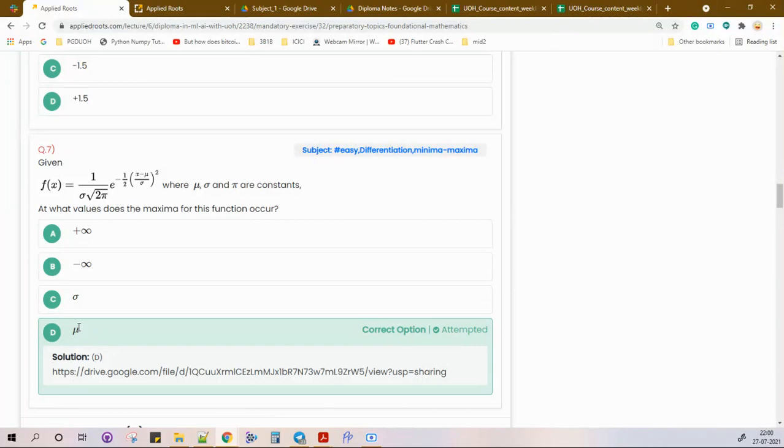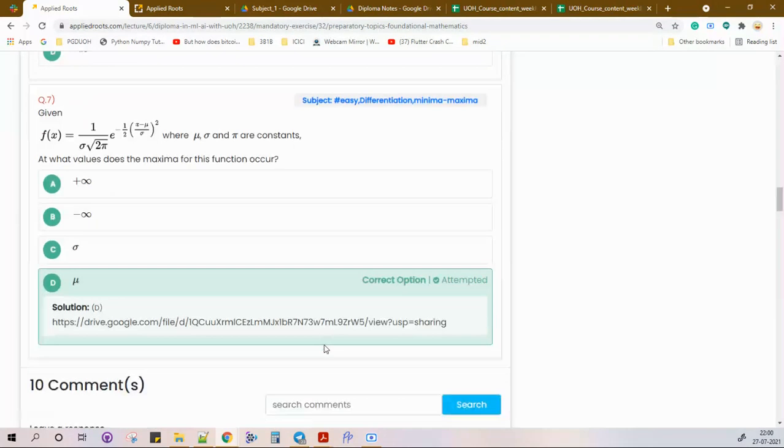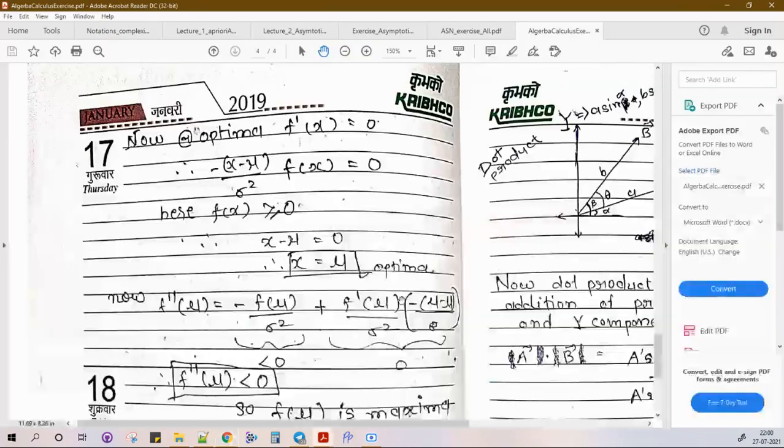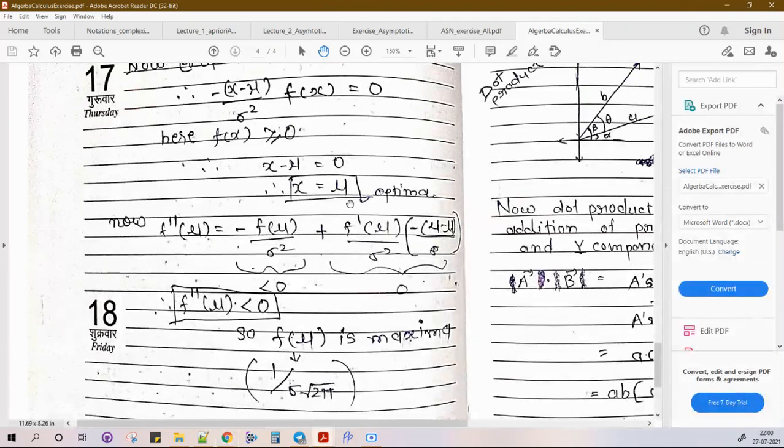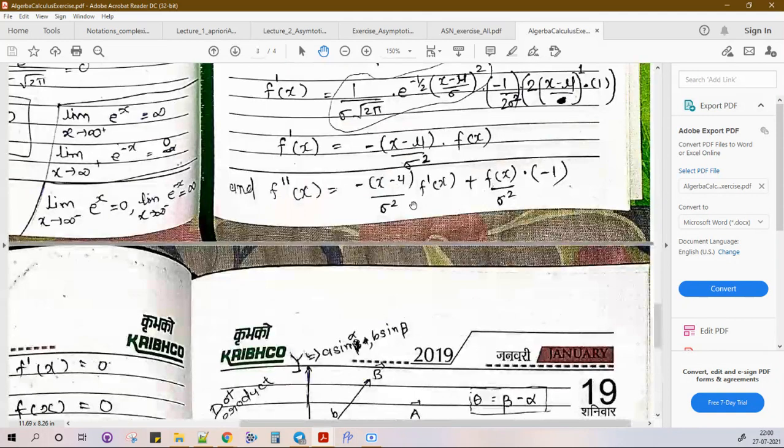So actually you can directly go with option D. You don't need to check the last thing, the f double dash x, second derivative, because we don't have none of the above, right? And anyway it would be minima or maxima, correct? So I need to now check what is the second derivative, right? If I take the second derivative, x equal to mu, I will put x equal to mu here.